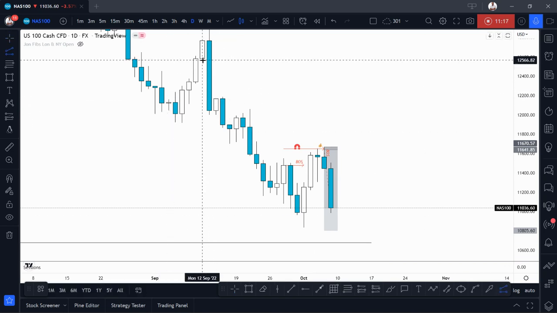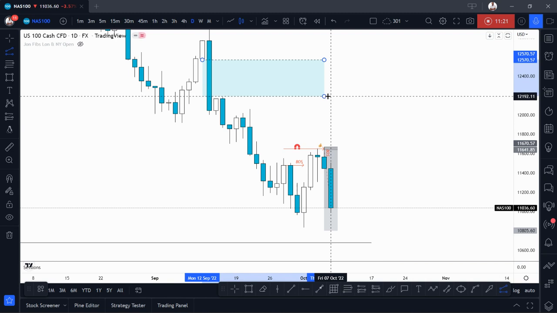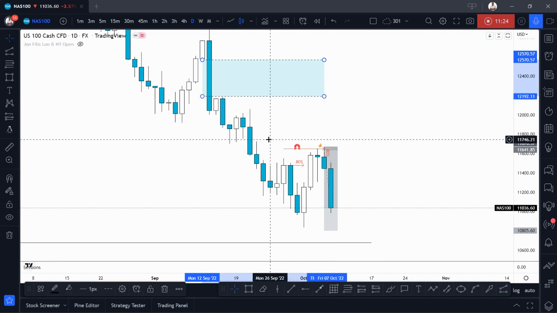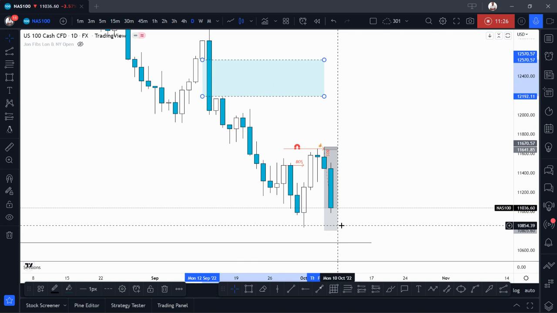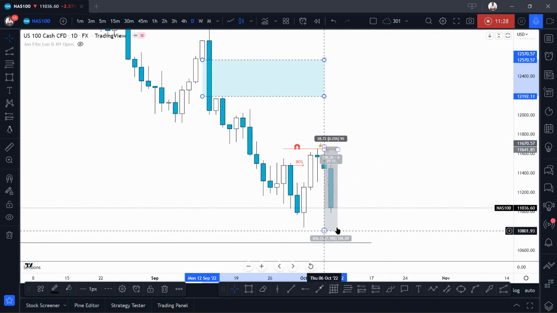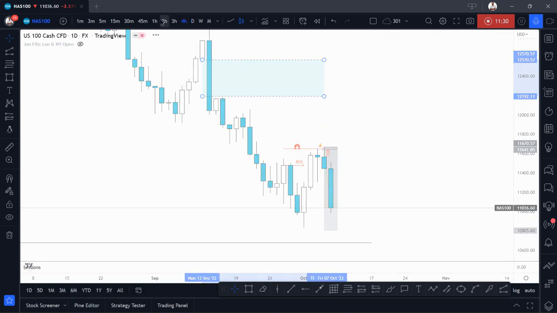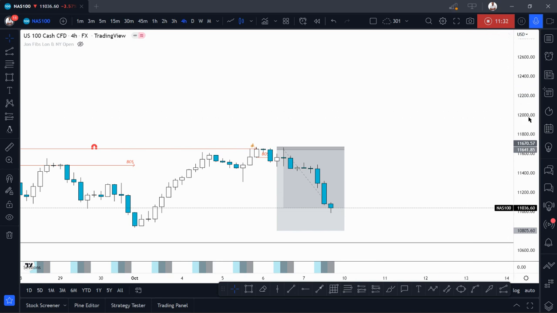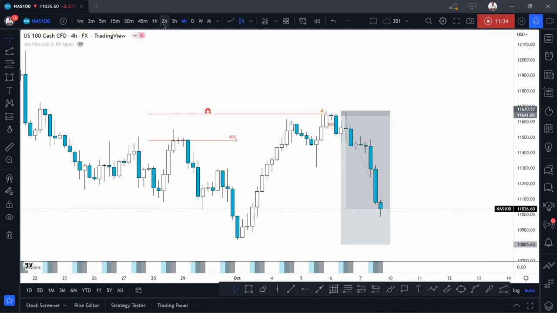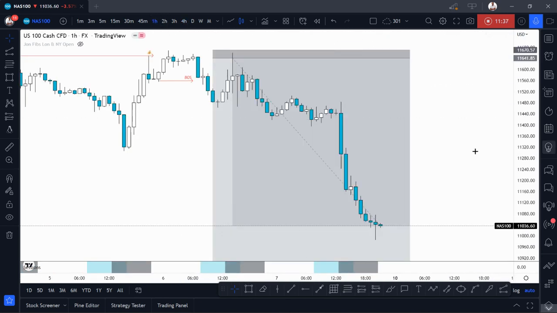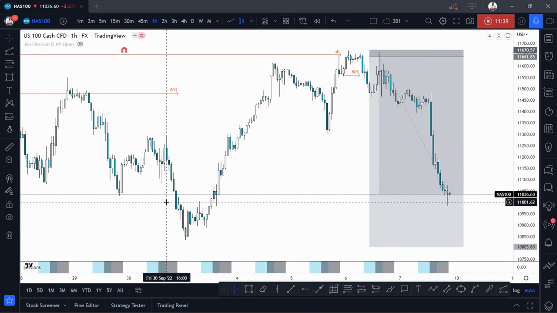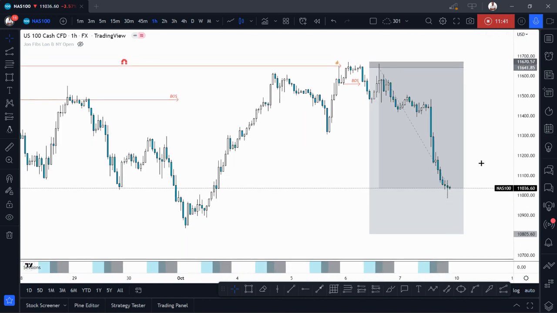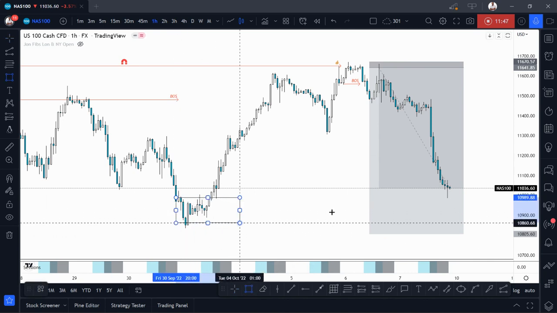I do like this imbalance I see here. Yeah. So it's possible we accumulate from here, but I'm really low probability on it. I feel this guy is just going to continue. But if it wants to buy, then probably I do see us buying from this potential area here.